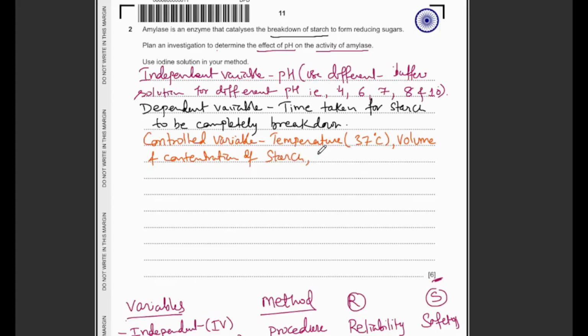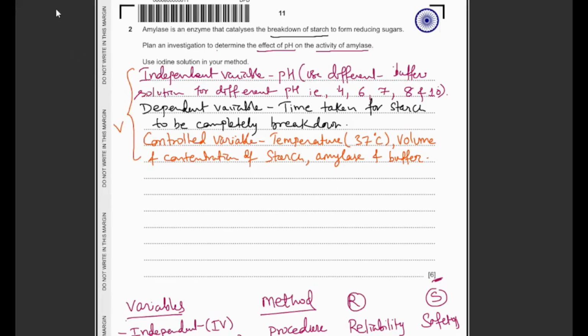Then amylase enzyme here, and something else, yeah, we are using the buffers for the pH, so we'll mention buffer. No need of remembering the buffer for every acidic, basic and alkaline condition, okay, that we don't have in the syllabus. Just write buffer for the particular pH, so that's easy. We have done our part up to here. Volume and concentration of starch. So our variable parts are done.